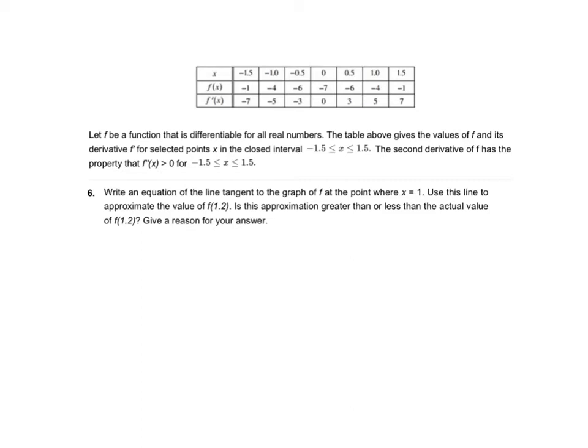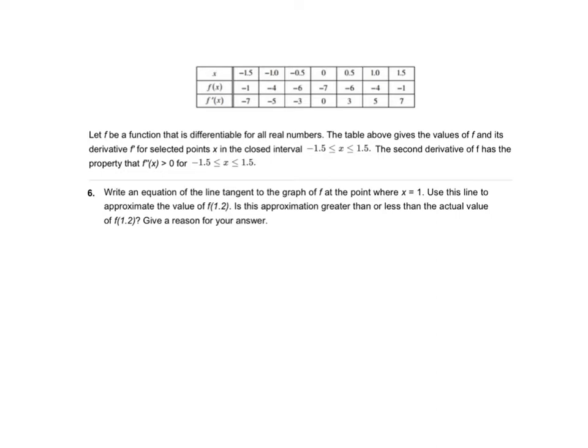Okay, second derivative always positive. Okay, that means it's concave up the whole time, or it means that the derivative's increasing the whole time. And we can kind of see that the derivative is increasing the whole time, or at least for these select values. Okay, write an equation of the tangent line of the graph of f at the point where x equals 1. Okay, let's do that first.